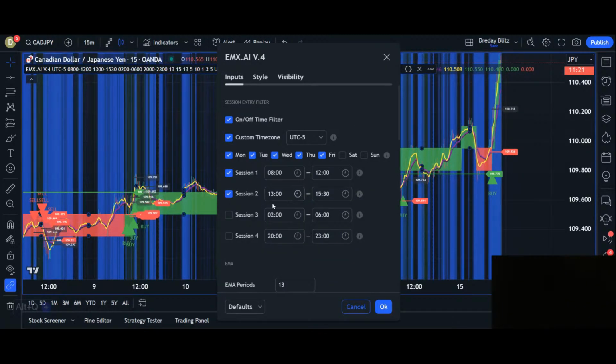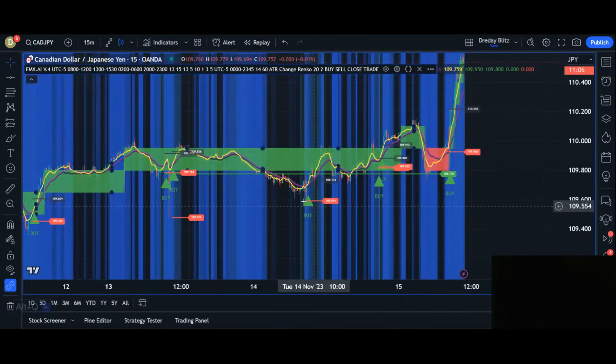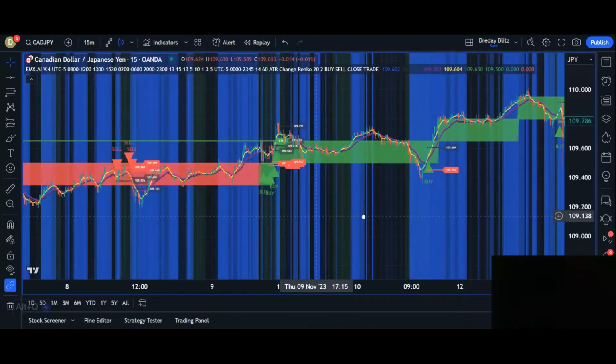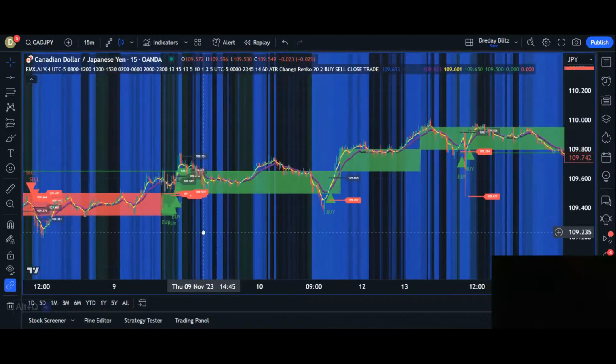For CAD JPY, you need to put New York and Asian. Boom. And usually I put the start of New York only, not the end of New York, so that way I know that the signals that I have are between Asian and New York.